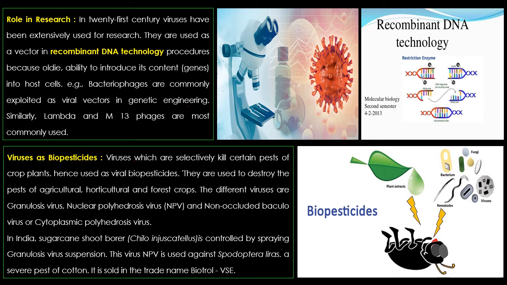In India, the sugarcane shoot borer, Chilo infuscatellus, is controlled by spraying granulosis virus suspension. The NPV virus is used against Spodoptera litura, a severe pest of cotton. It is sold under the trade name Biotrol VSE. So these are the uses of viruses as biopesticides to kill many pests or insects which are harmful to crop plants.